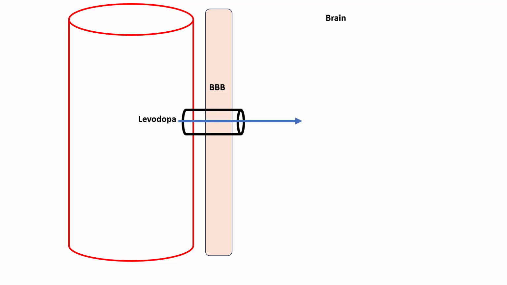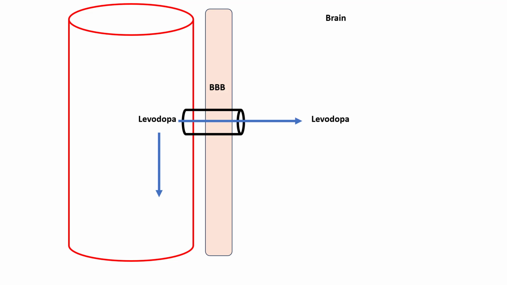Now let's try to understand what is the fate of orally administered levodopa. This is the circulation, that's the blood-brain barrier, and this would be the brain. When levodopa is administered orally, it ends up in the circulation, and with the help of a transporter, it passes through the blood-brain barrier and enters the brain.